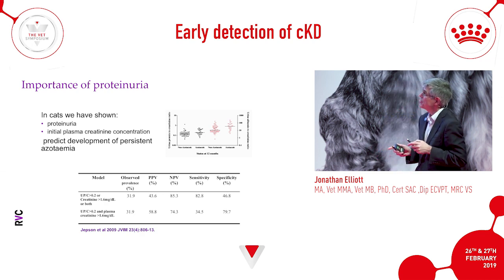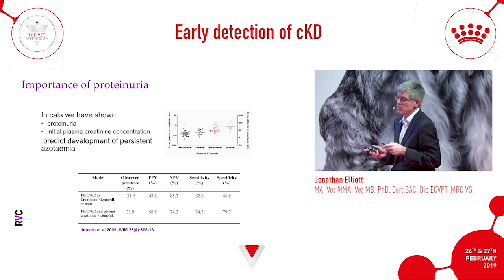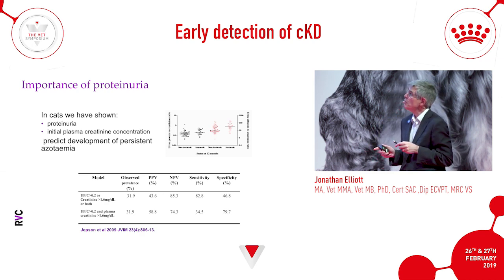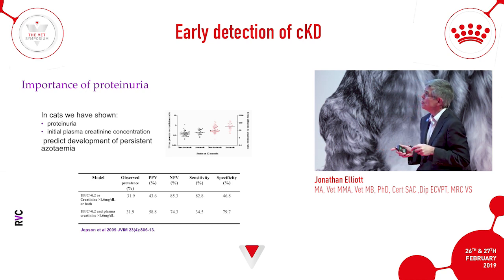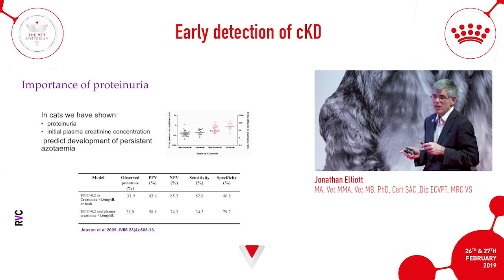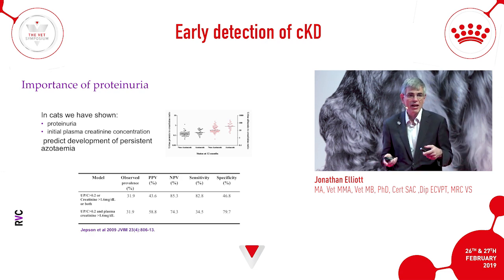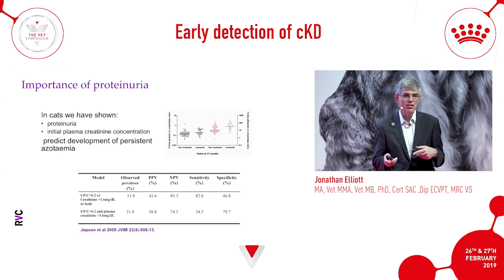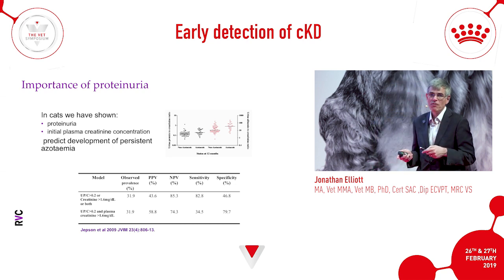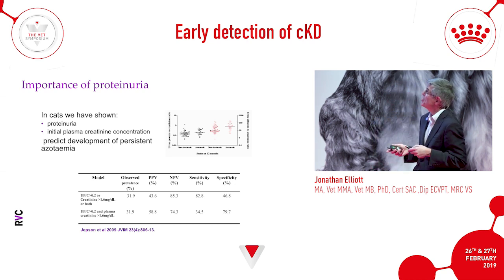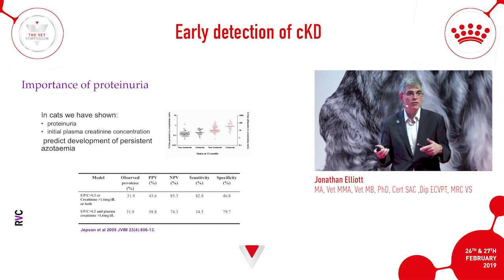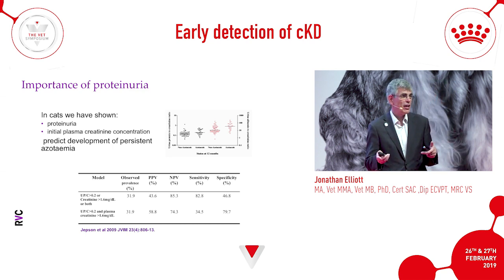And that's reflected in the sensitivity and specificity of these tests. So we can produce a screening value that picks out cats that have the disease, 82% of these will go on to become azotemic, but it's not very specific. So we get lots of false positives if we do that.